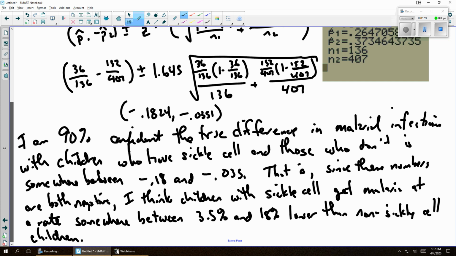And that's how you would do a two proportion confidence interval.